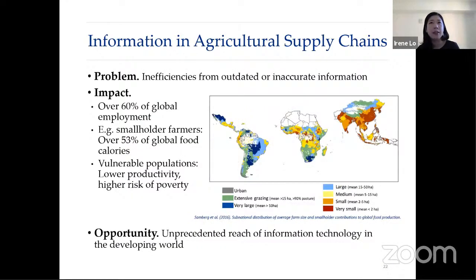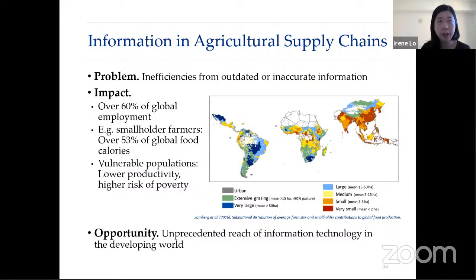Okay, so what's the opportunity here? The opportunity is that there are often inefficiencies from outdated or inaccurate information because there's no written record of this information. And there's also an opportunity that we can now use information technology to provide people with more information.